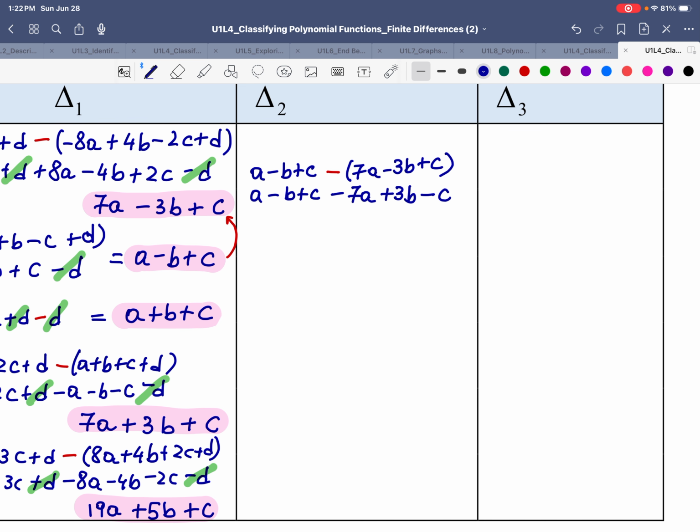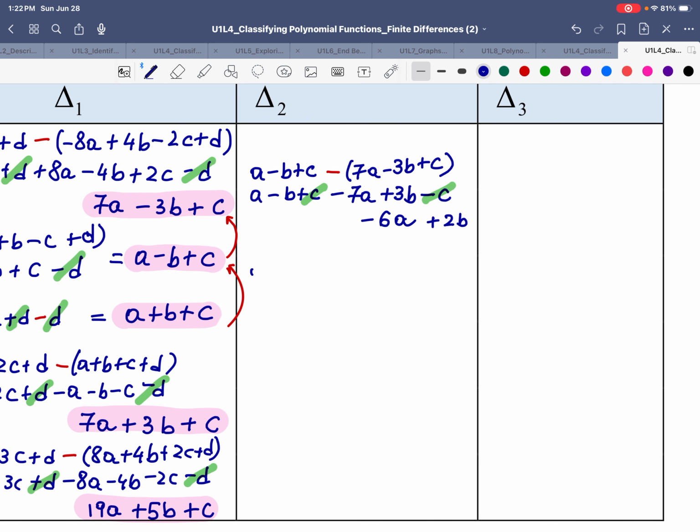As you can see here, this time we have c and negative c that add to 0. A minus 7a is negative 6a, and negative b plus 3b will be equal to 2b. All right, so here we go. We're going to go ahead and find the differences between the next delta 1 values.